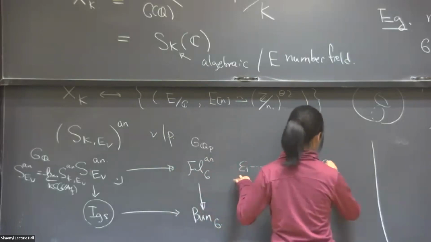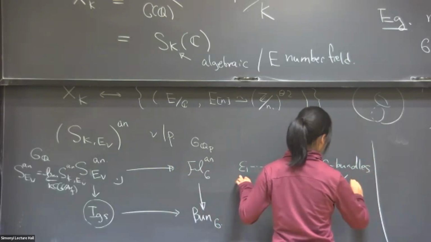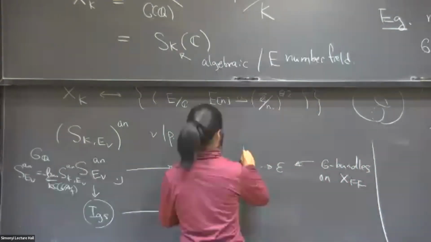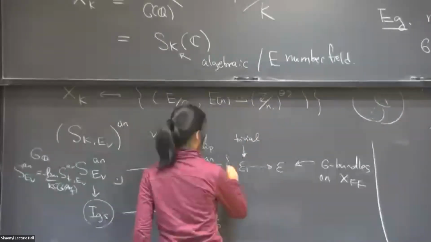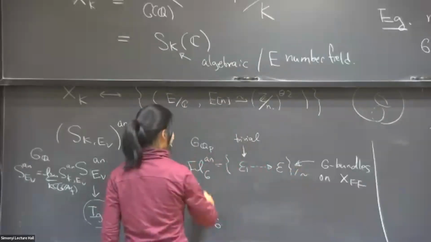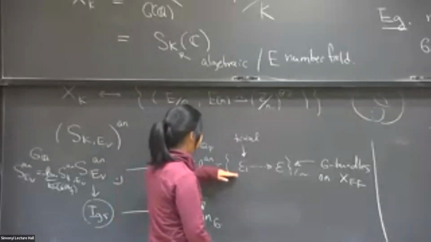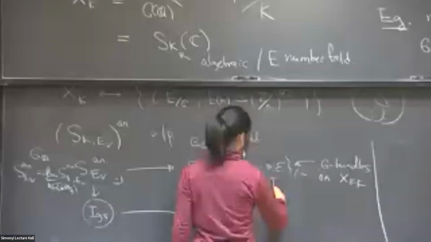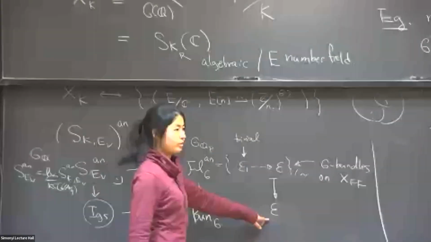So these are G-bundles on the so-called Fargues-Fontaine curve, and this one is trivial. This interpretation is by Beauville-Laszlo gluing. And then once you have this identification, you can send a point of it to just this modified bundle.